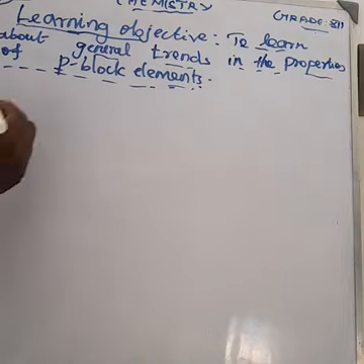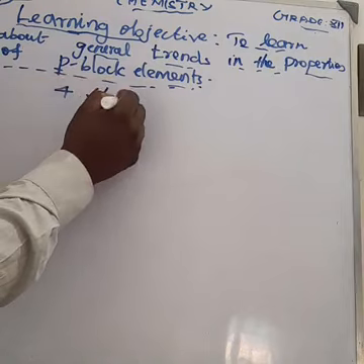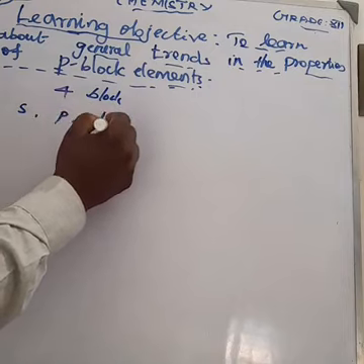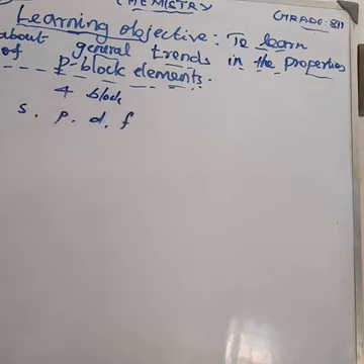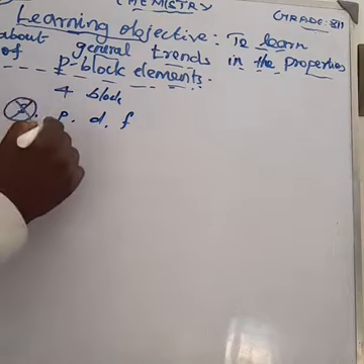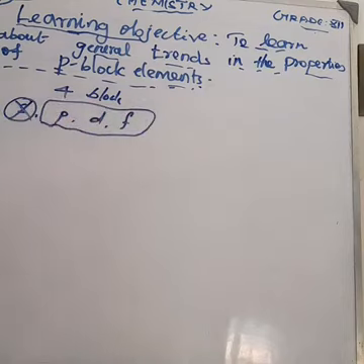The periodic classification of elements is divided into 4 blocks: S block, P block, D block, and F block elements. In our 11th grade, we learned about the S block elements. The remaining P block, D block and F block elements we are going to learn in 12th grade. Am I right?